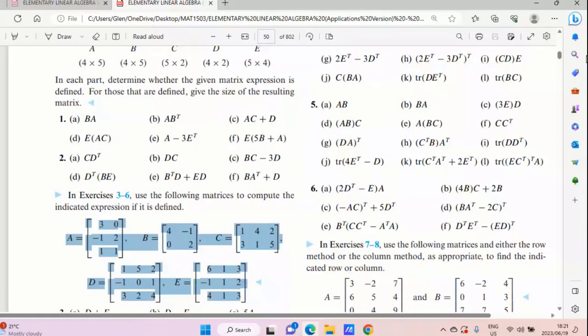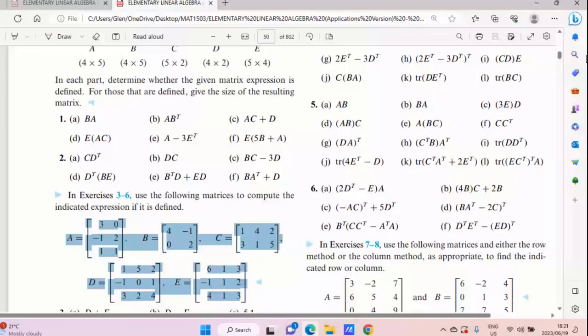Now we take this matrix of ours. Let me write it neatly here.